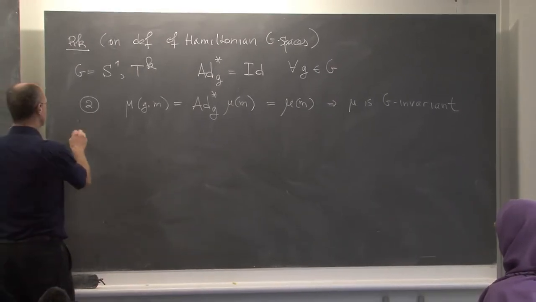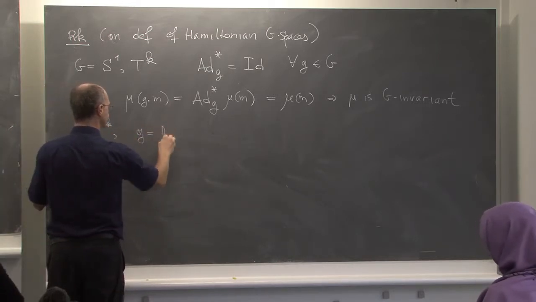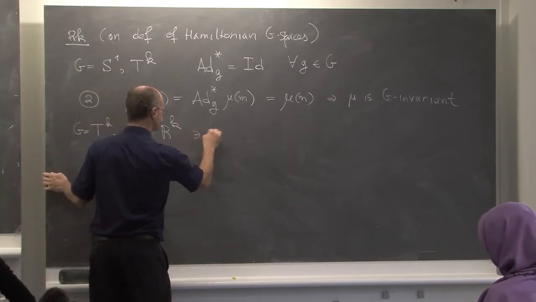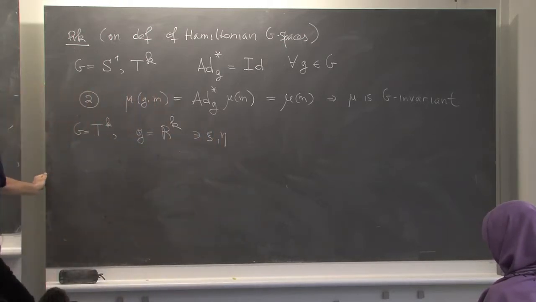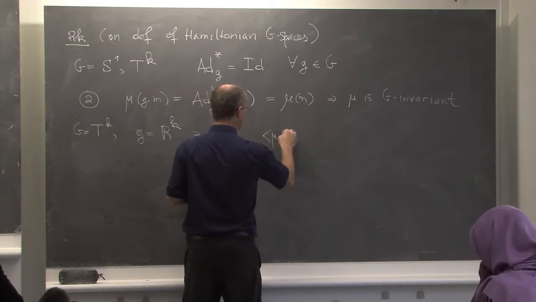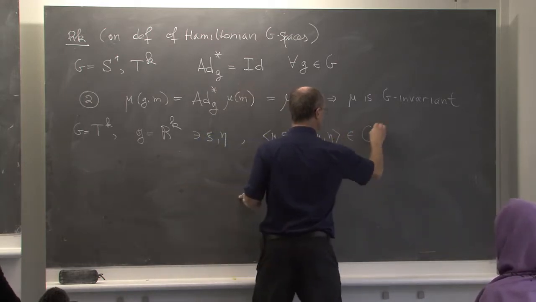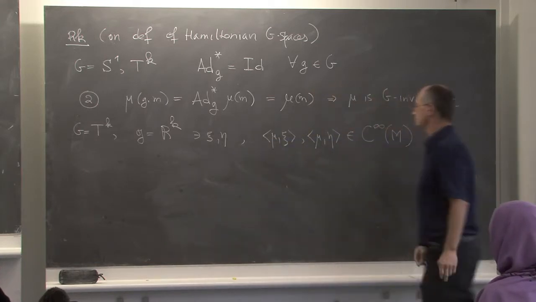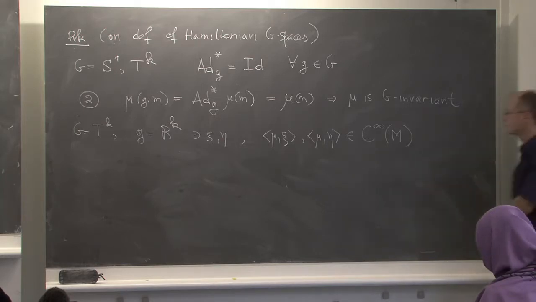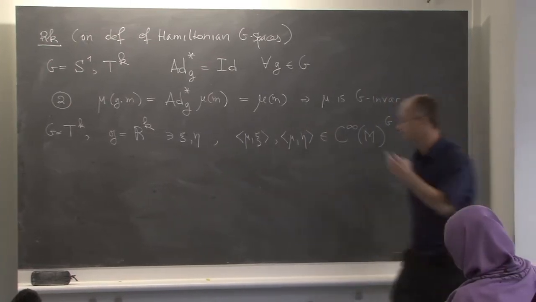So let's say G is T^k and the Lie algebra is R^k. And let's choose two elements, xi and eta, in R^k. So then the functions mu^xi and mu^eta are smooth functions on M, and they're actually, by this remark, G-invariant smooth functions.